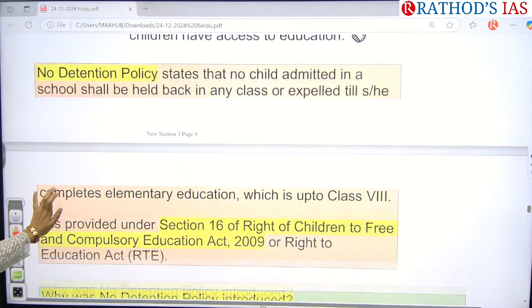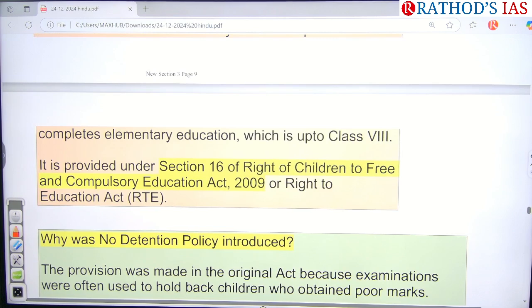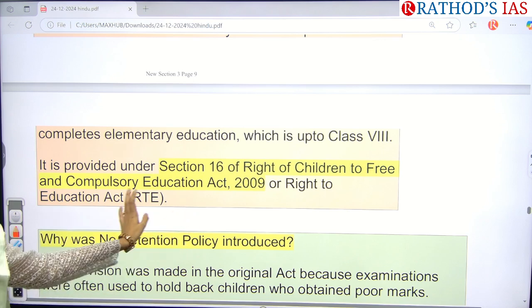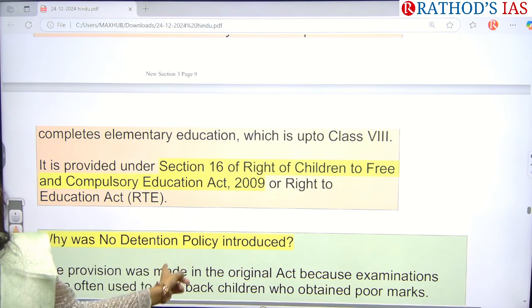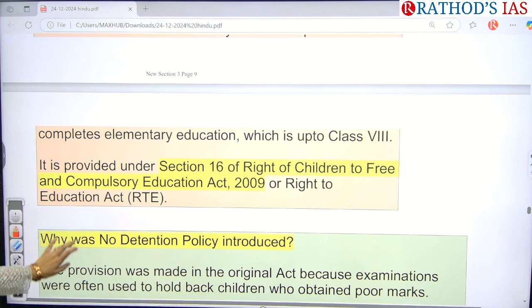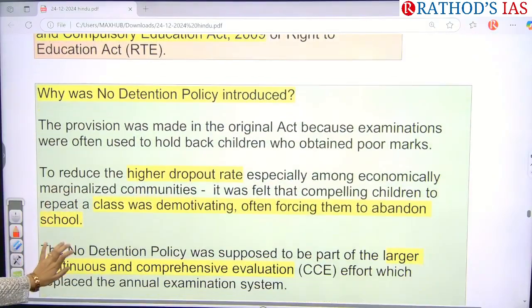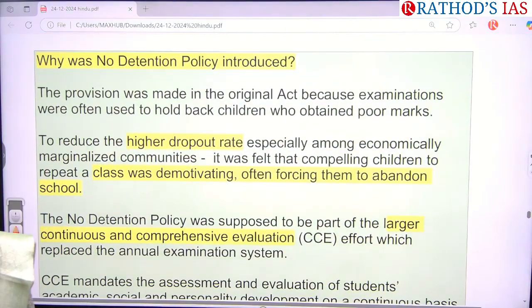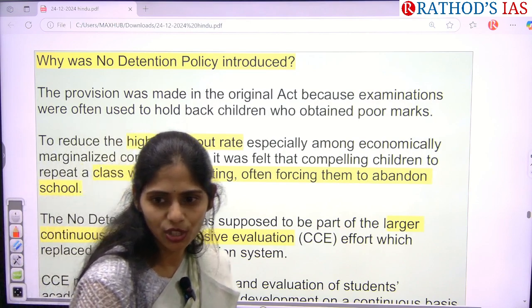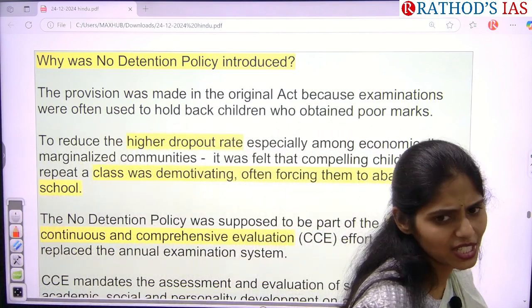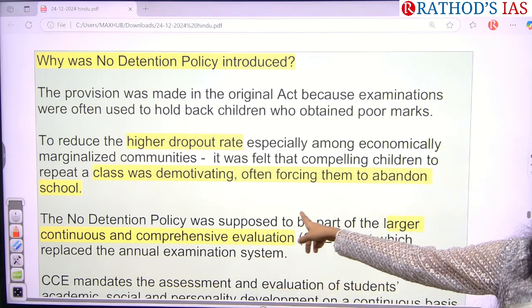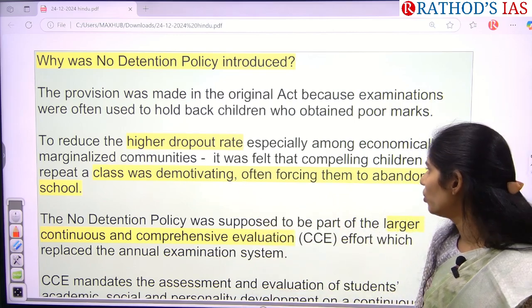It was provided under Section 16 of the Right of Children to Free and Compulsory Education Act of 2009, also called, in simple terms, the Right to Education Act of 2009. So why has this been introduced by the government? Because it would also increase dropout rates. If they are failing and their parents are not sending them back, then what happens? The dropout rate will increase, and there will be demotivation.